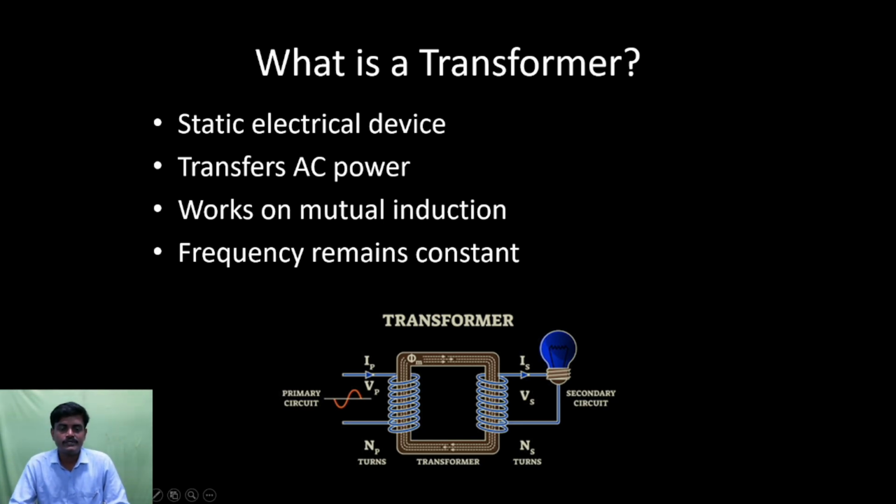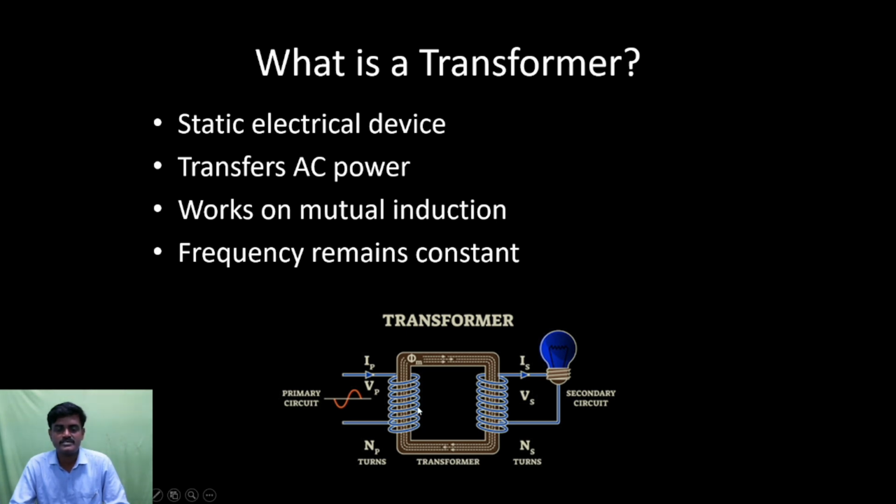So here we have the transformer. This is the transformer core, this is the primary winding, and this is the secondary winding. When I give the supply to the primary winding, current flows through the conductor and magnetic flux lines are created.